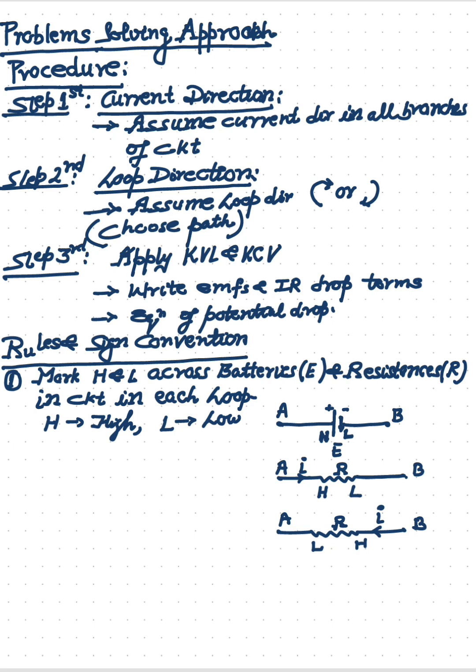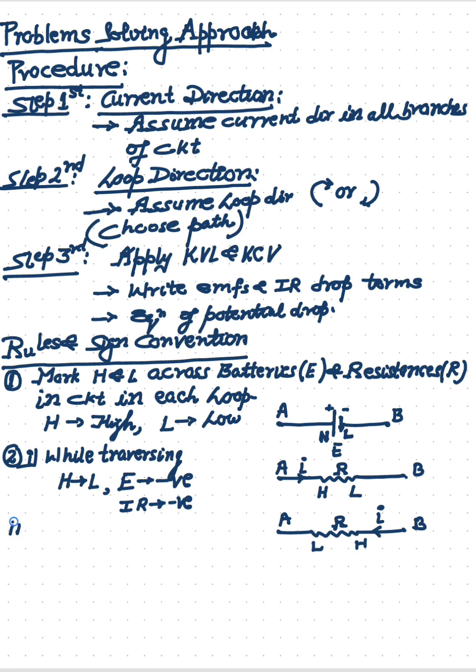Second is, while traversing: if we are traversing high to low, then E is negative and IR is also negative.